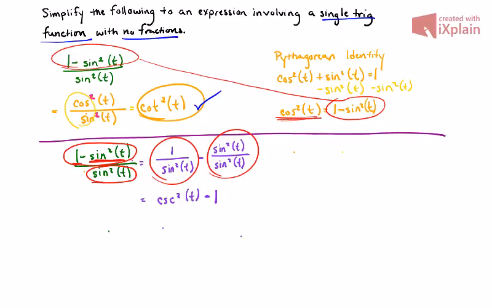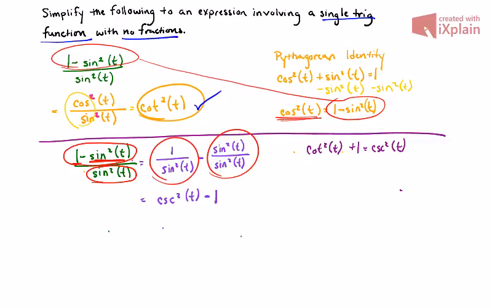Again, if you recall from your Pythagorean identities that we've been looking at, there is a Pythagorean identity that reads as follows. We have one that says the cotangent squared of t plus 1 is equal to the cosecant squared of t.